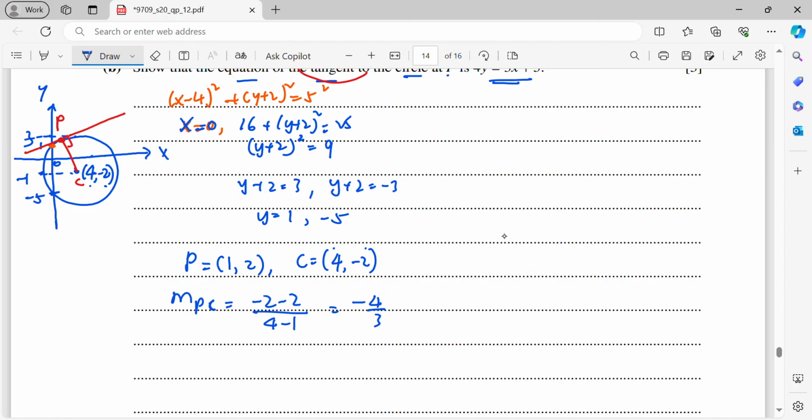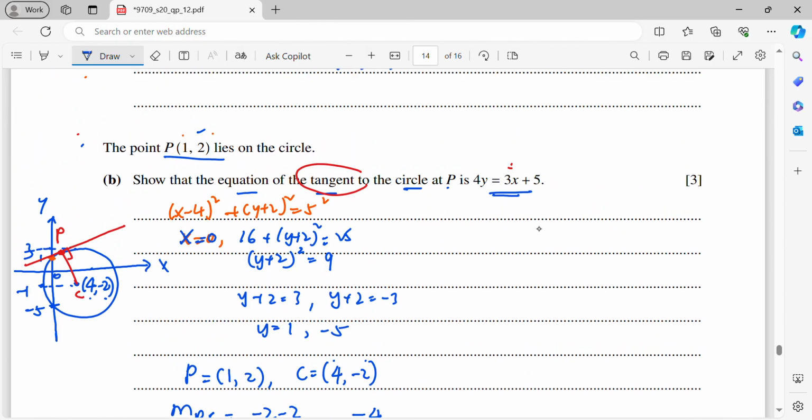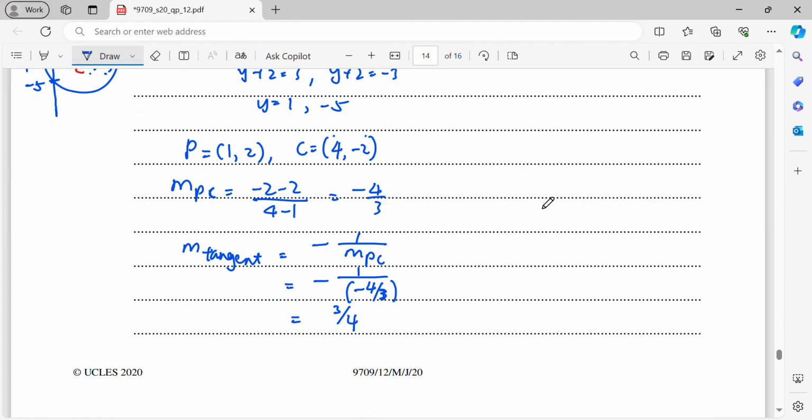So the m tangent will be -1 over m_PC, based on the diagram. That means it is going to be -1 over -4/3. This is 3 over 4. And now I need to find out the equation of the tangent at point P. Since the point P is given, the gradient is also given.